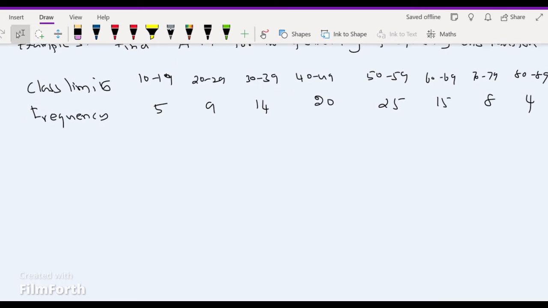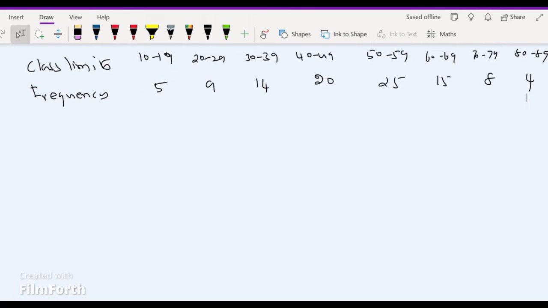So in this type of class interval data, already we know the formula: x bar is equal to capital A plus summation of f into d by capital N into C.